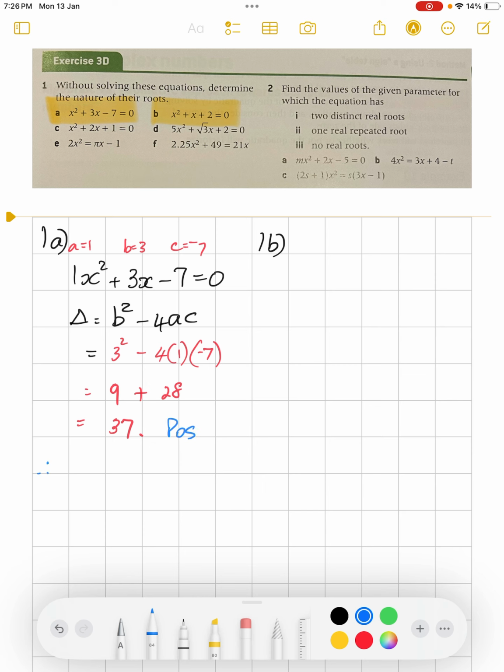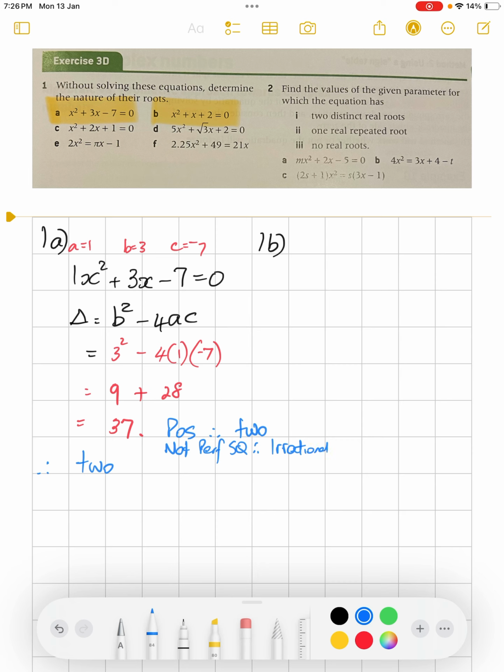Therefore, 2. And because it's not a perfect square, therefore they're irrational. Therefore, they're not rational.